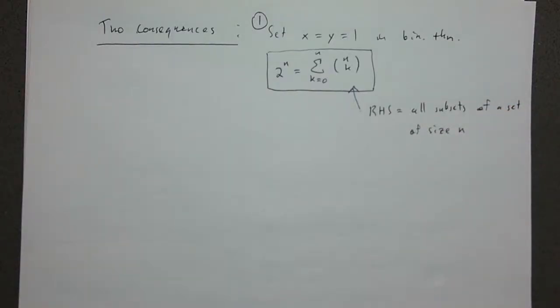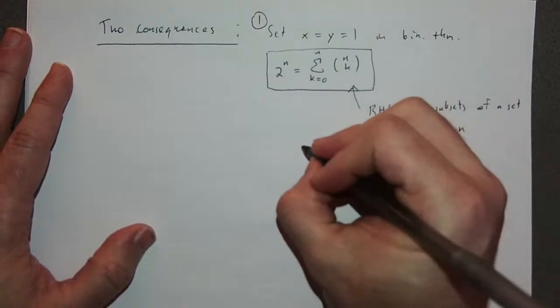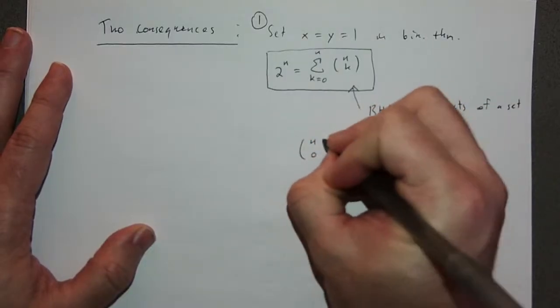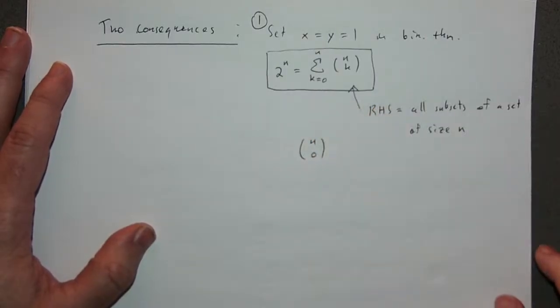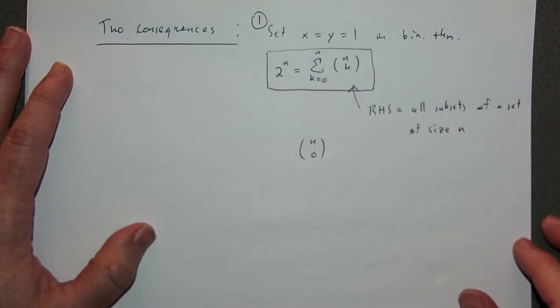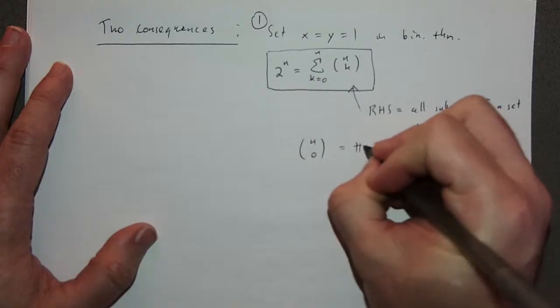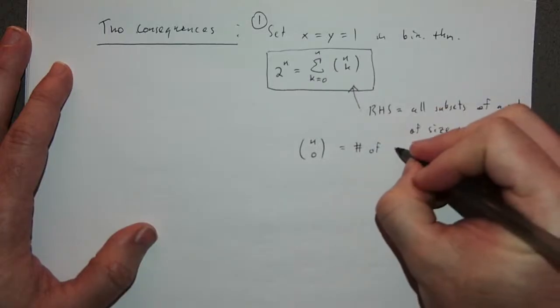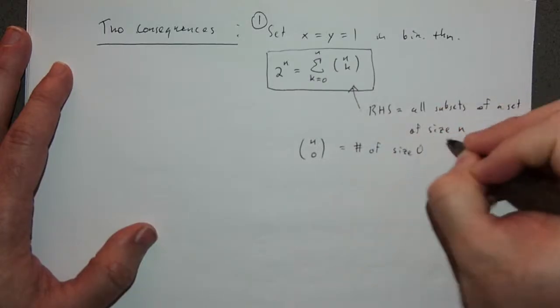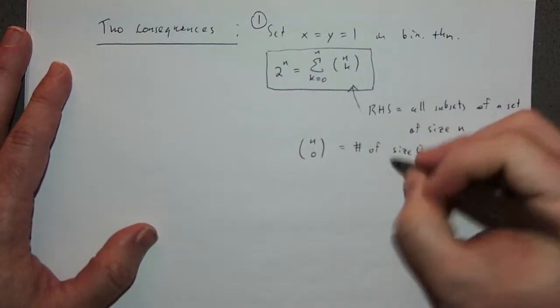How do you figure? Well, what is n choose 0? I've included that just for this reason. This is the number of size 0 subsets of a set with n elements.